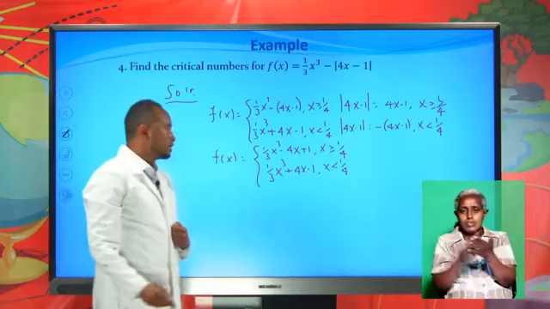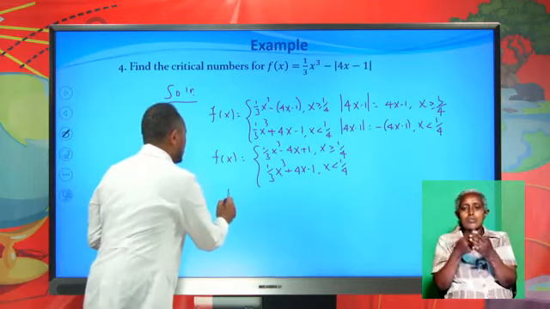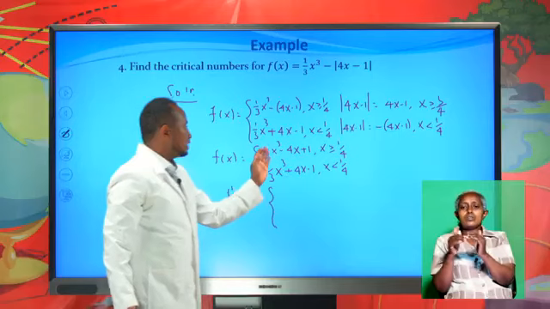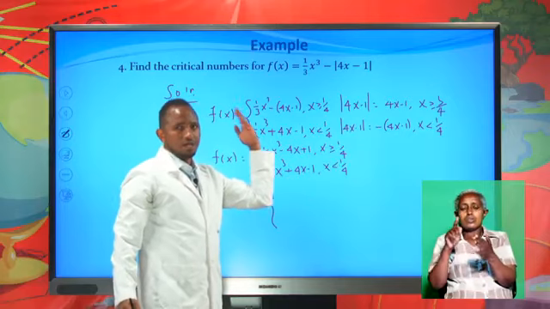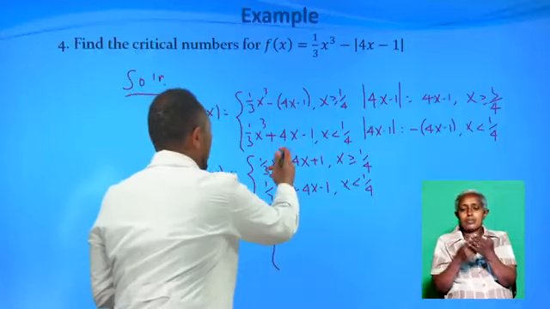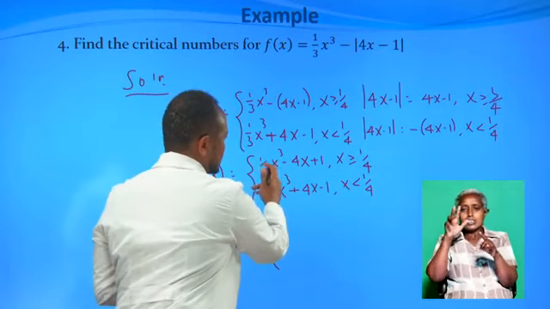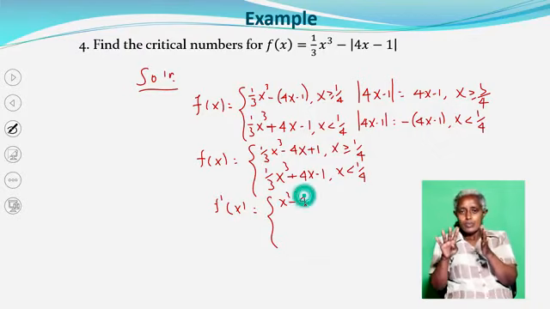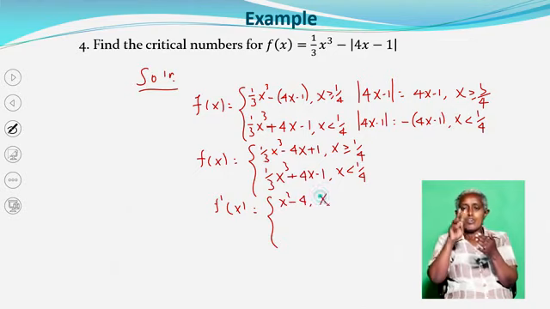The derivative of our function f of x, for the x greater than 1 over 4 part, we can differentiate: 3 cancels 3, giving x squared, and then minus 4. The derivative is x squared minus 4 for x greater than 1 over 4.